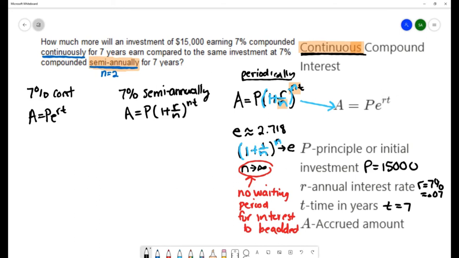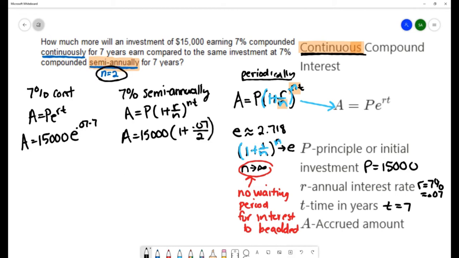So let's substitute our values in. We have A equals 15,000 e to the 0.07 times 7 years. So that's for our first one, and then the other one is 15,000 times (1 plus 0.07 over n). Interest is compounded semi-annually, so we'll use n equals 2, to the 2 times 7.